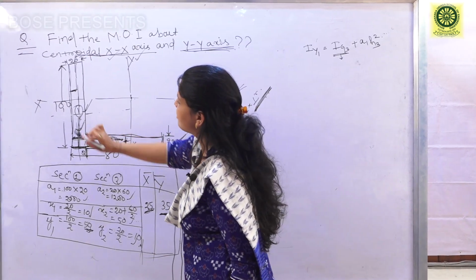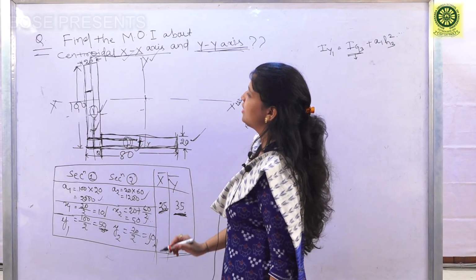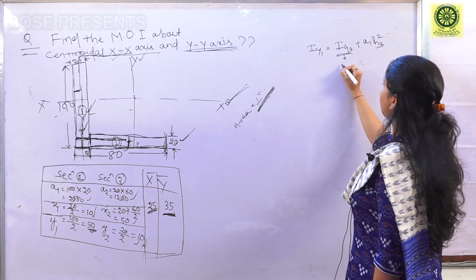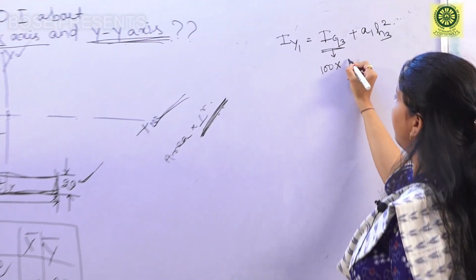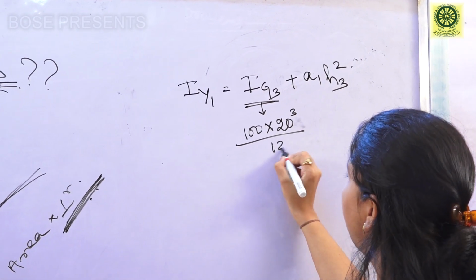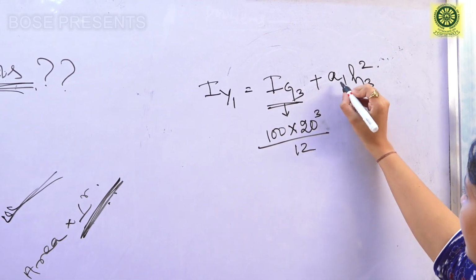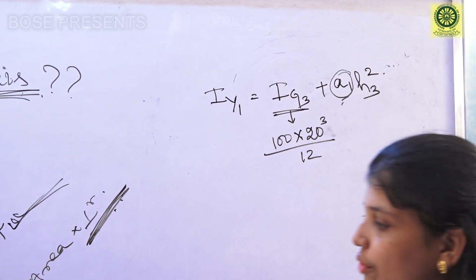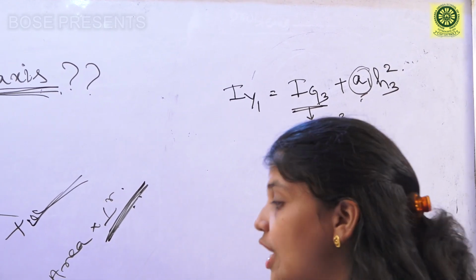So about this axis the moment of inertia will be how much? That is equal to 100 into 20 cube divided by 12. Okay, so A1 is the area of the section 1 that is 2000.